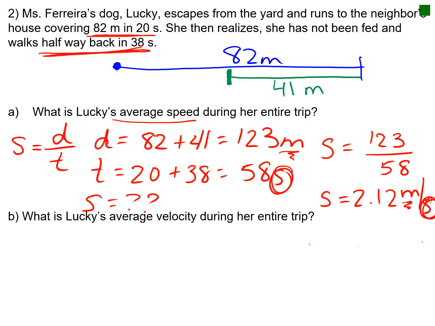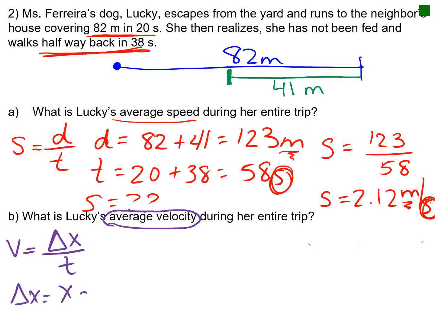For part B, we want to know what is Lucky's average velocity. Remember that average velocity is the change in position over time. The change in position is her final position minus her starting position.